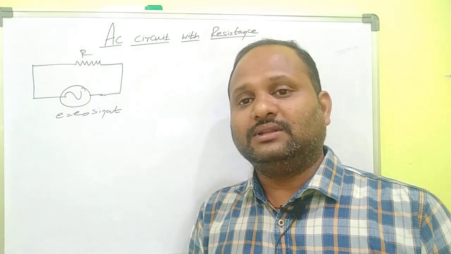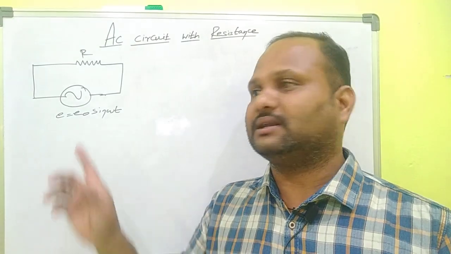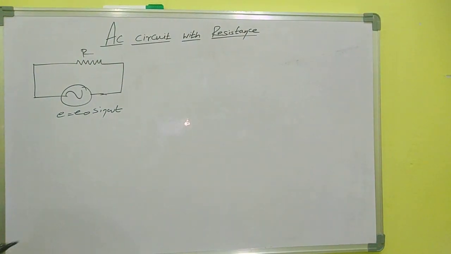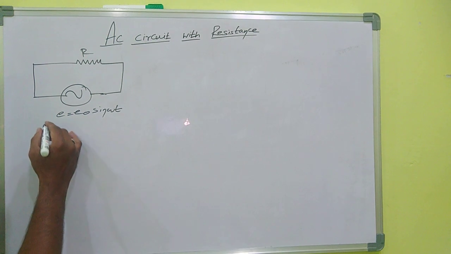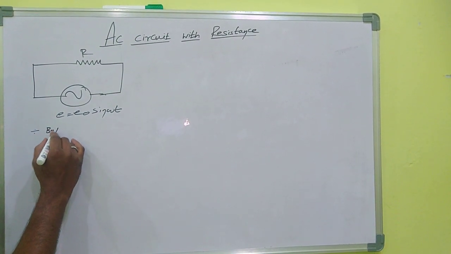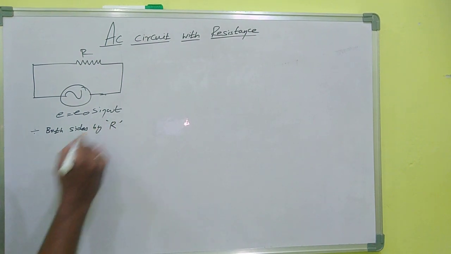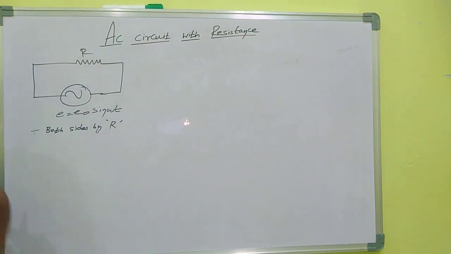This alternating voltage produces an alternating current, which passes through the resistor R. The resistor opposes the alternating current. In the next step, we divide both sides by R, where R is the resistance given by the resistor.